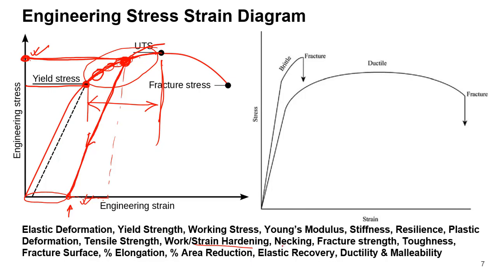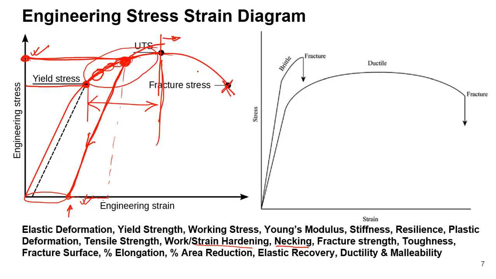Now next we'll see the necking operation. Necking portion you have already seen during the experiment. After reaching the ultimate tensile strength, if the deformation is taking place at the same rate, you will find that even under lower load the continuous deformation will take place, and the material will ultimately fracture at this location.